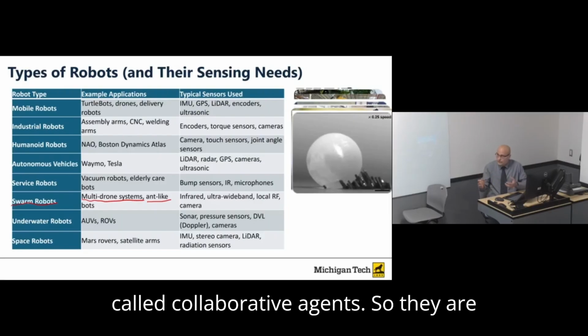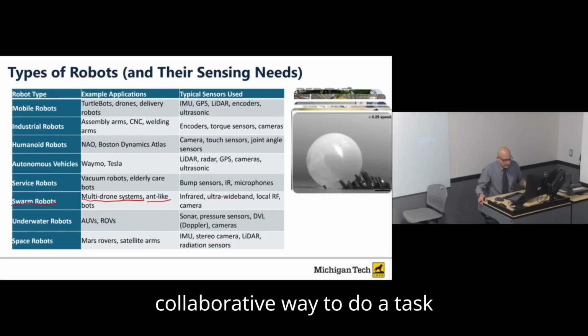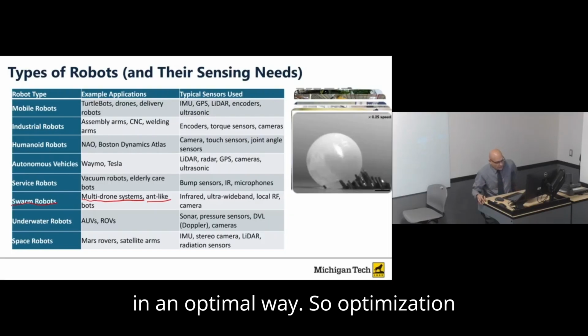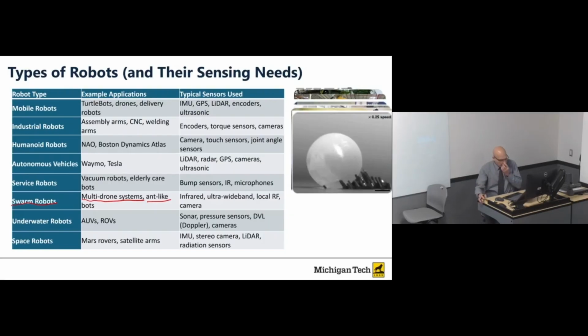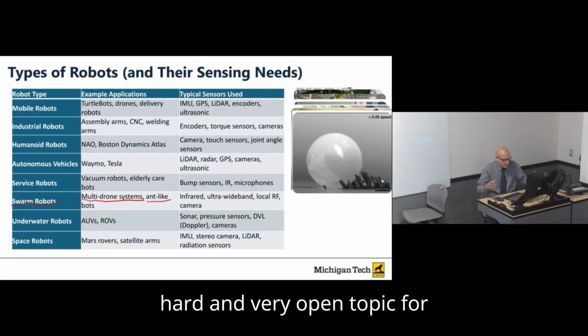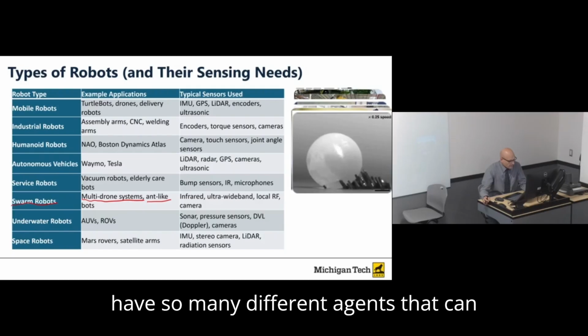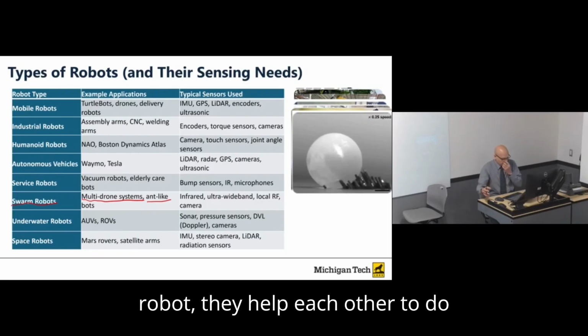That's called collaborative agents. They are helping each other in a very collaborative way to do a task in an optimal way. So optimization is not normal optimization, it's a distributed way. And that's very hard and a very open topic for research right now. We have so many different agents that can help. Even mobile robots can help each other to do something.